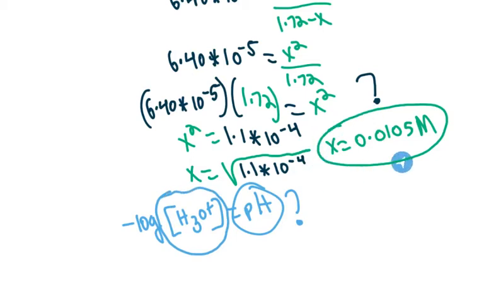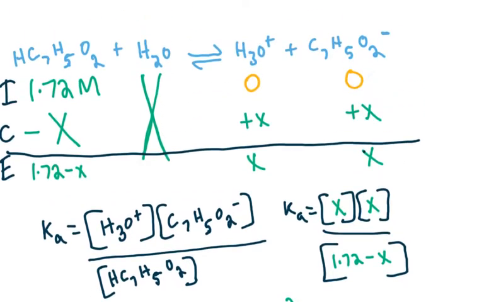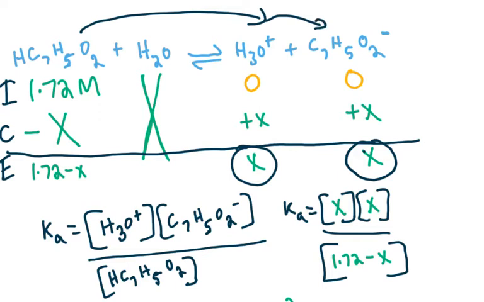Well, we just found X. What's X? Let's go up. X represents the concentration of hydronium. And also benzoate anion, X also represents the concentration of benzoate anion. And if you want to find out how much of the benzoic acid dissociated into the products, you can feed in the X value there.